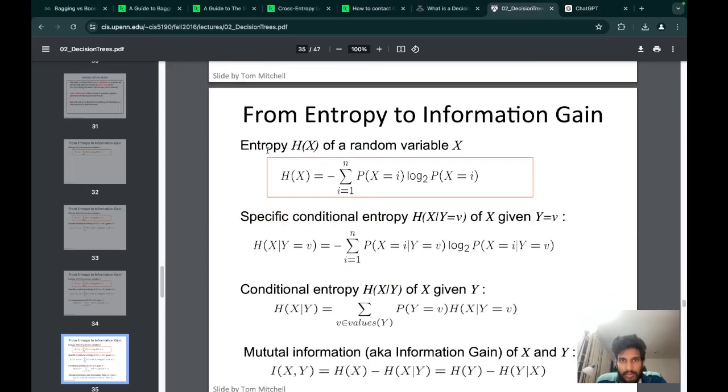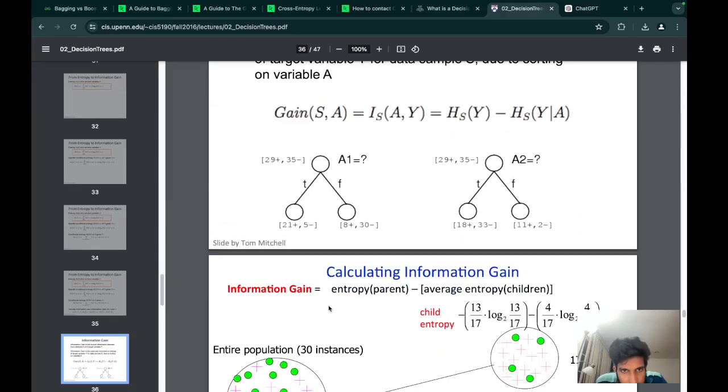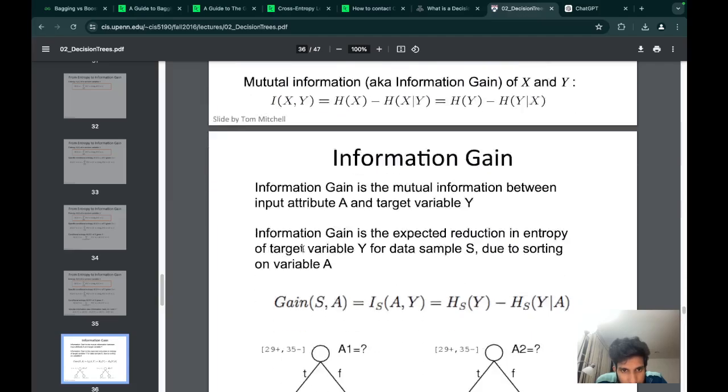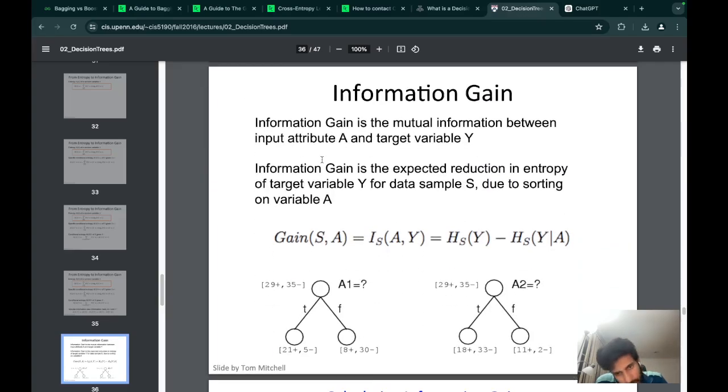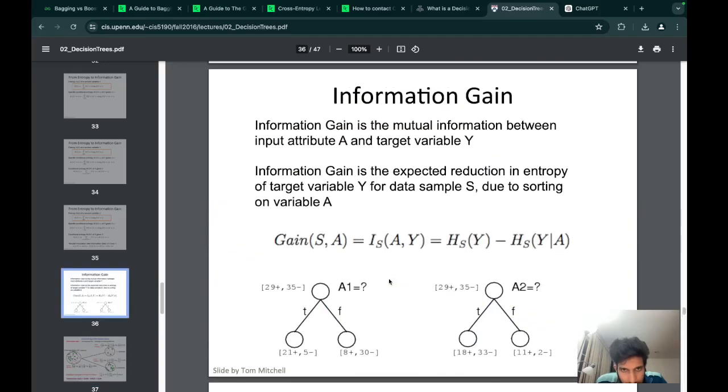Just tell me, how did you decide to do the classification? Oh, sorting.